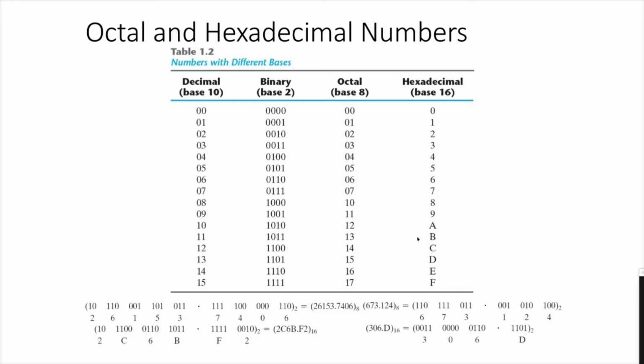And base 16 is 4 bits. So base 16 is actually more common because it works out better in blocks of 4 than in blocks of 3 for base 8, right? So the really key ones are base 10, base 2, and base 16. Okay, and that's about it for up through section 1.4.